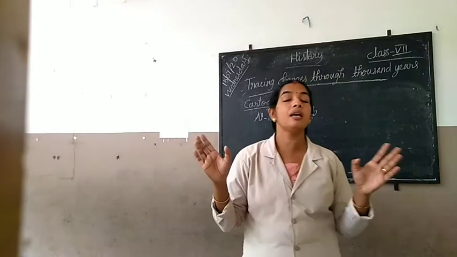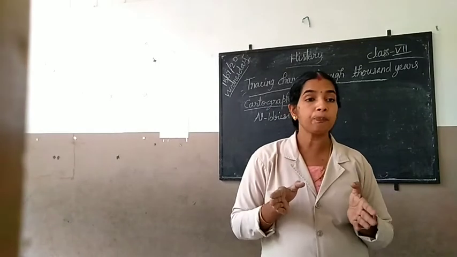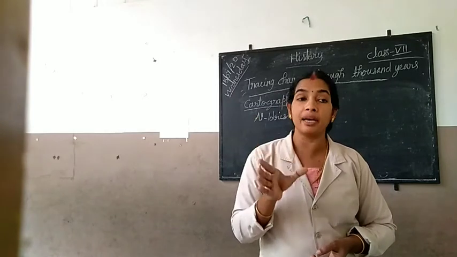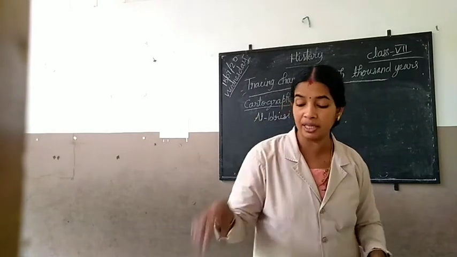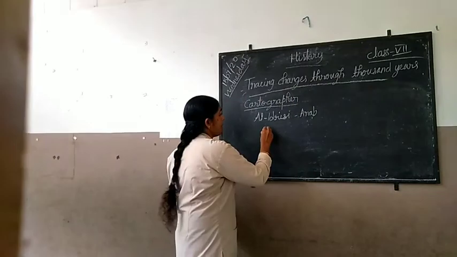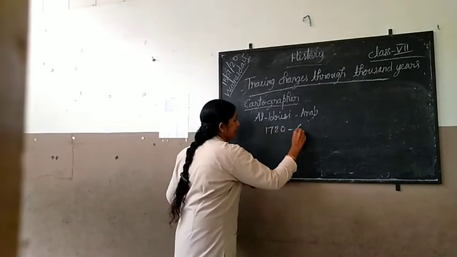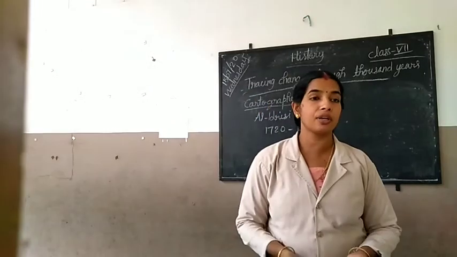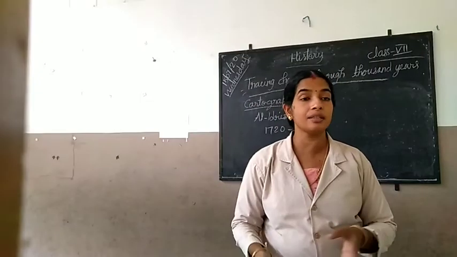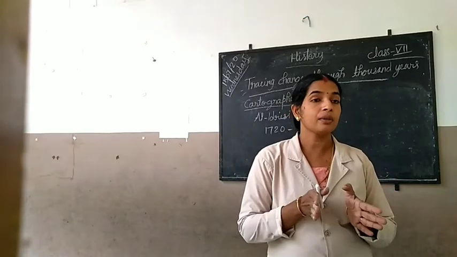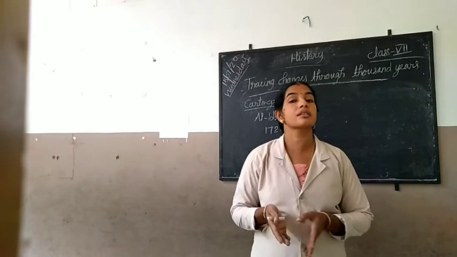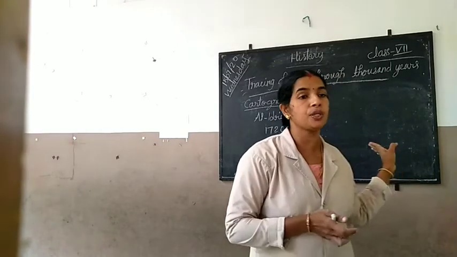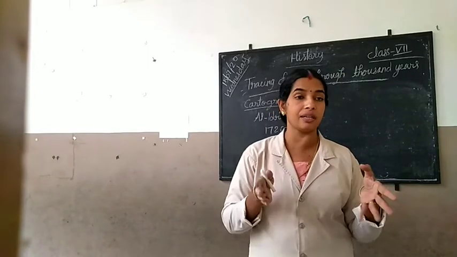The second map we have with us was made about 600 years after the first map, by a French cartographer in the 1720s.